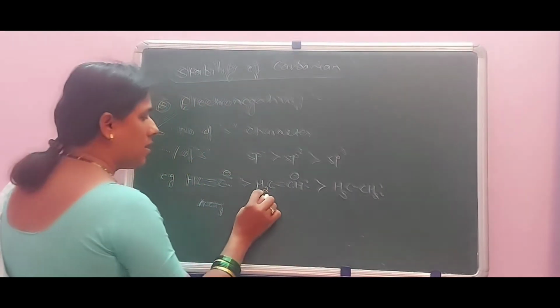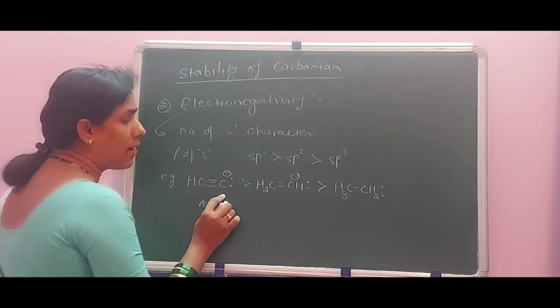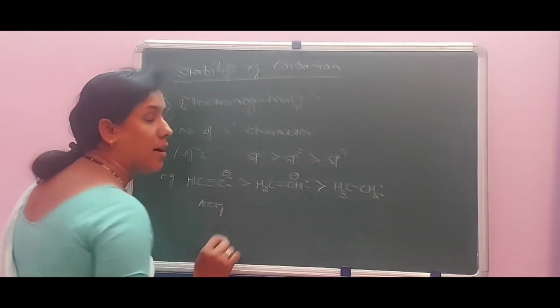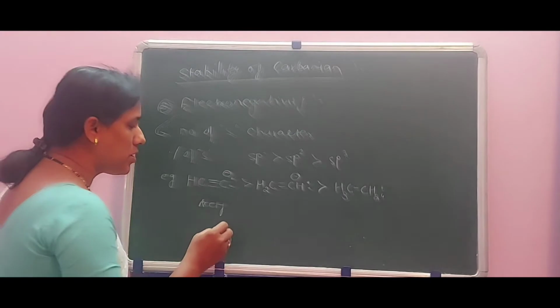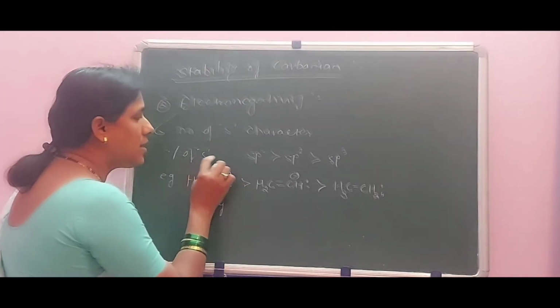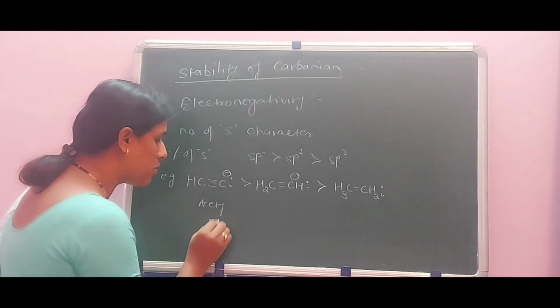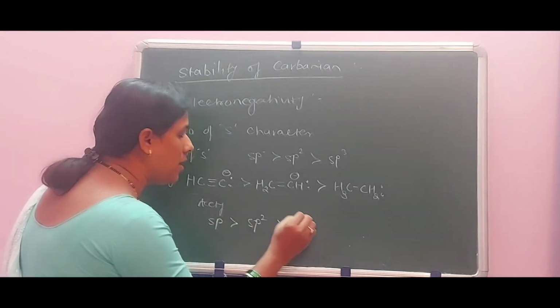This is of an alkyne linkage, this is of an alkene linkage, and this is of a simple alkane linkage. Thus there is an increase of hybridization character, that is of sp. The sp is greater than sp2, which is greater than the sp3 character.